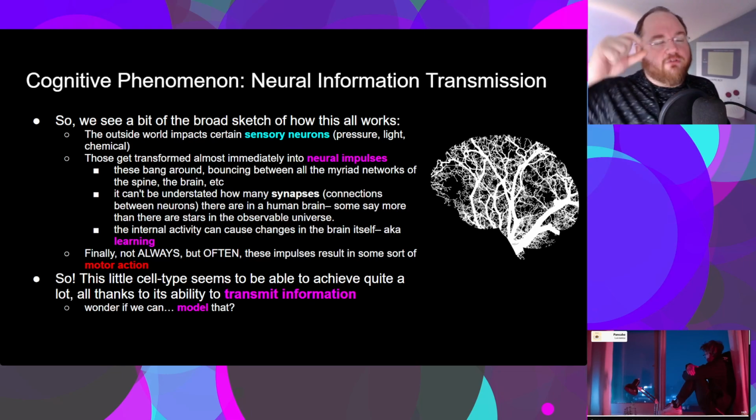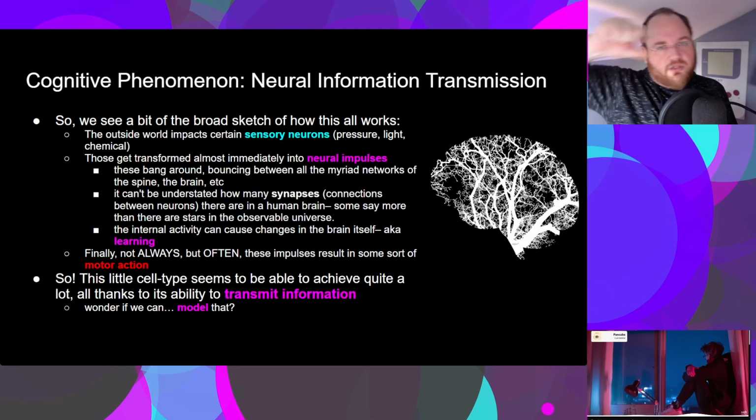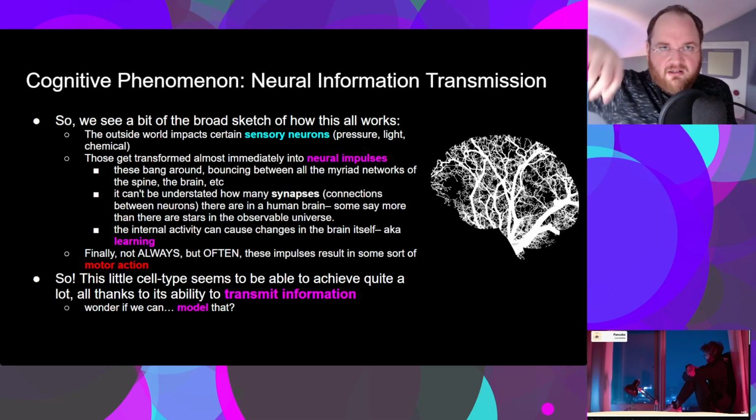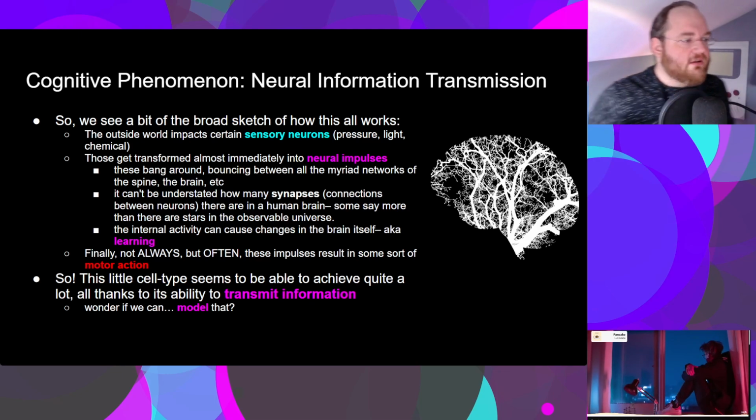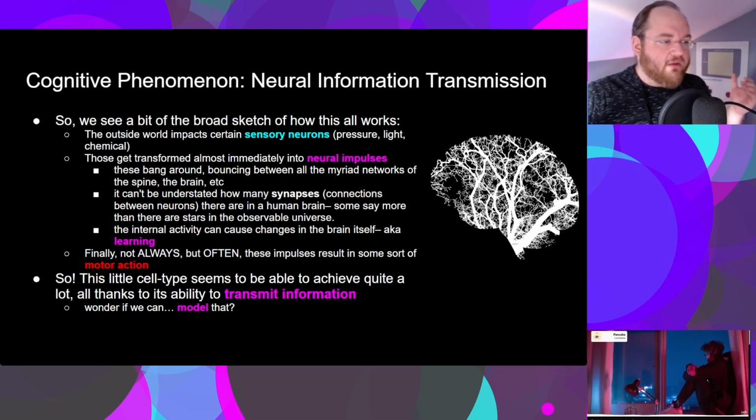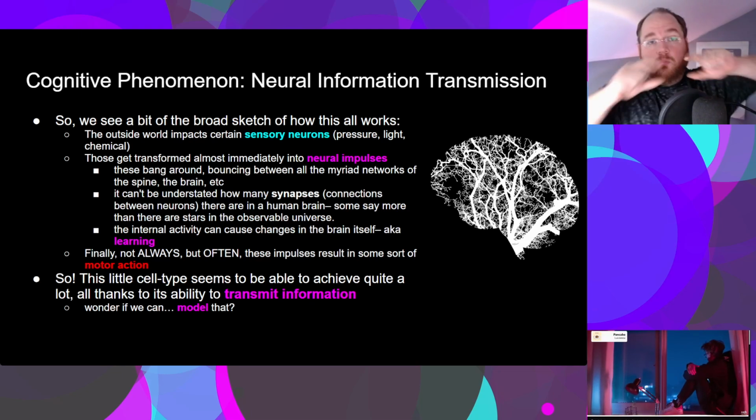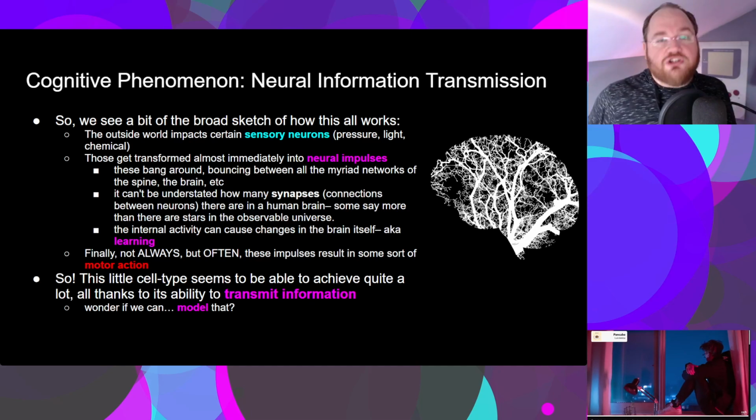The connection from one neuron to another neuron, the gap there is the synaptic cleft, where neurotransmitters will go from one to another. Huge number of connections in your brain. It's thought that there are more connections in your brain than there are stars in the observable universe.